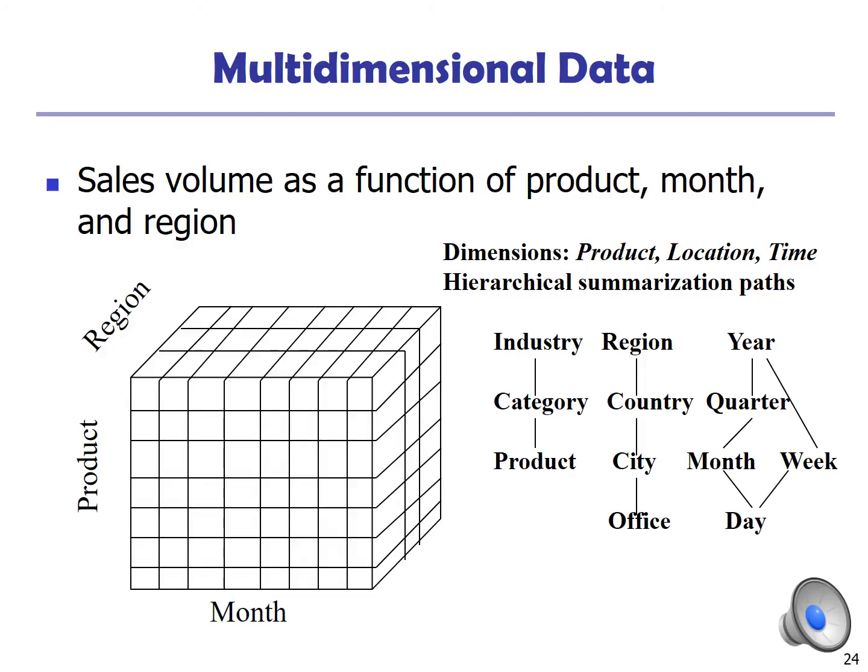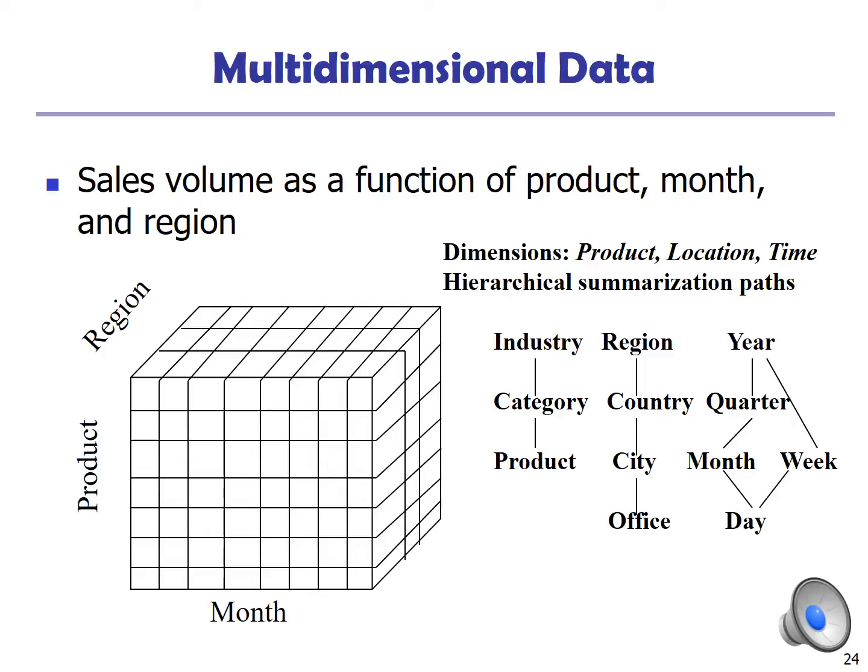So here is an example of looking at multidimensional data, all right? So we're looking at sales volume as a function of product, the month of sales, and the region of sales, right? So the dimensions we looked at so far were your product, location, and time, right?